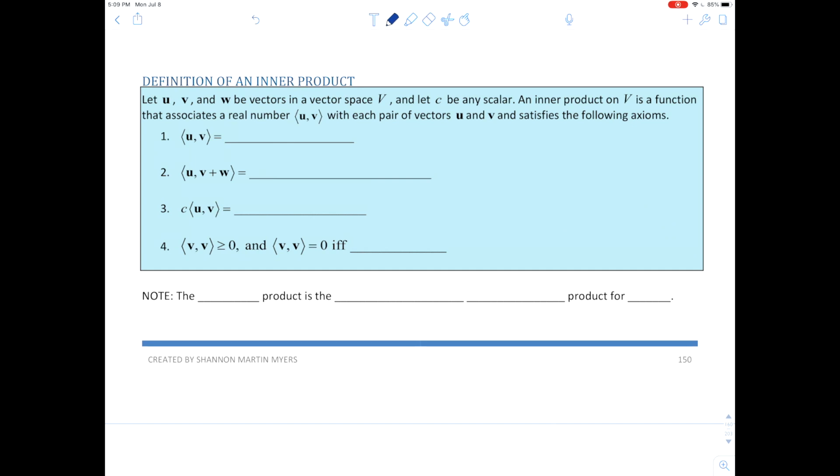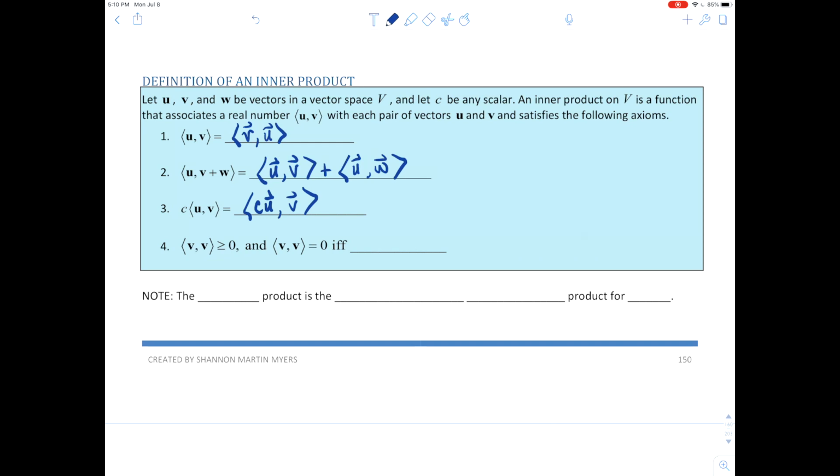So it turns out that the inner product of u and v is equal to the inner product of v and u, and the inner product of u and the sum of v plus w is equivalent to the inner product of u and v plus the inner product of u and w. A scalar times the inner product of u and v is equivalent to c times u within this inner product and v.